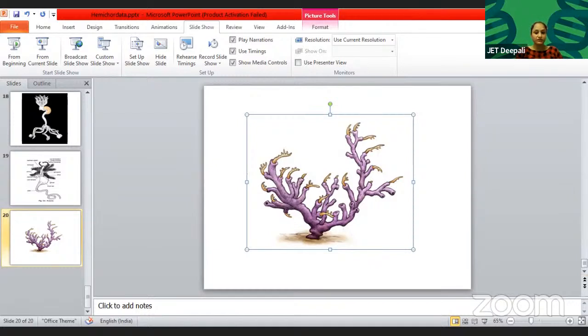Reproduction mostly sexual. Sexes are separate, means dioecious, or you can call unisexual. Gonads one to several pairs. Some of them have many gonads, some have few. Fertilization is external in the sea water. Development mostly indirect with free swimming Tornaria larva, and direct development is also found in some forms.